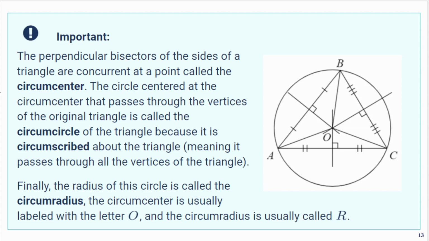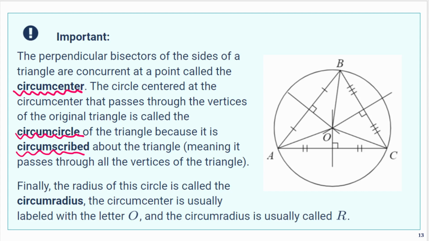The perpendicular bisectors of the sides of a triangle are concurrent at a point called the circumcenter. The circle centered at the circumcenter that passes through the vertices of the original triangle is called the circumcircle of the triangle because it's circumscribed about the triangle, meaning it passes through all the vertices of the triangle.